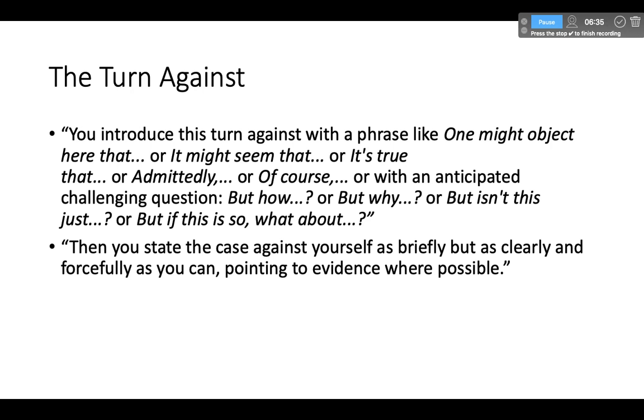Then you state the case against yourself as briefly but as clearly and forcefully as you can, pointing to evidence wherever possible. So you remember you were supposed to be looking for sources that could support a counter argument. Or maybe some of your sources engaged with the counter argument and you can use that as an indirect source.